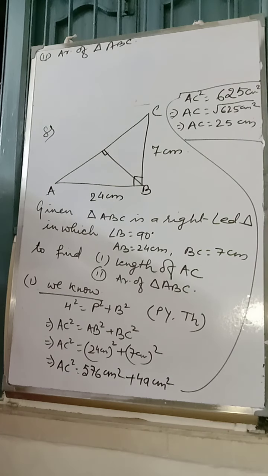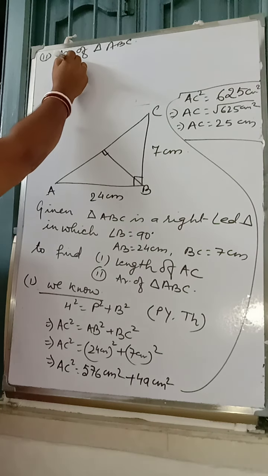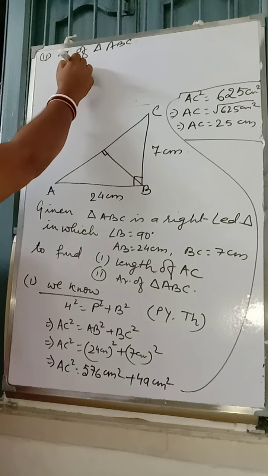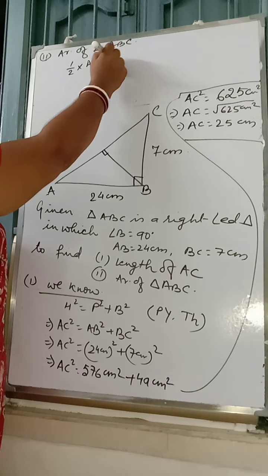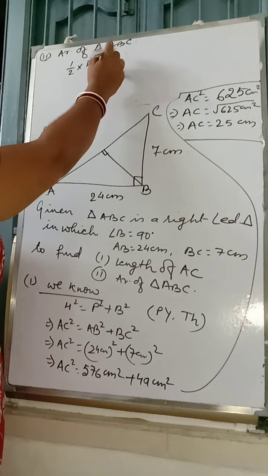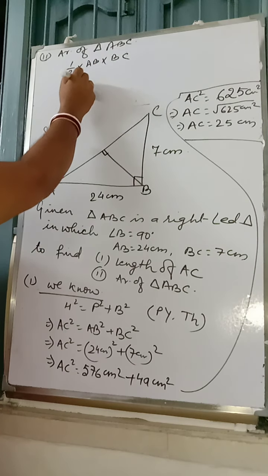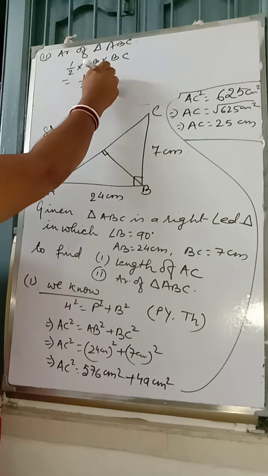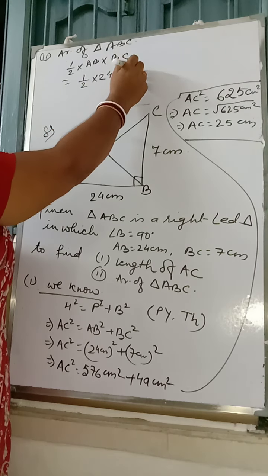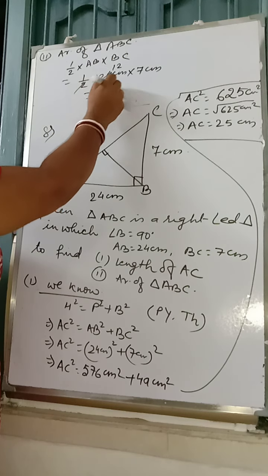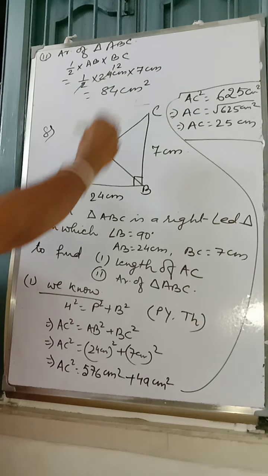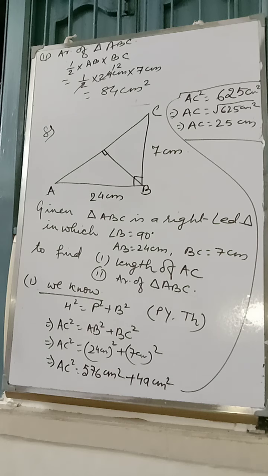We can write it half into base, AB, into height, BC, or it is half into 24 centimeter into 7 centimeter, 84 centimeter square is the area of triangle ABC.